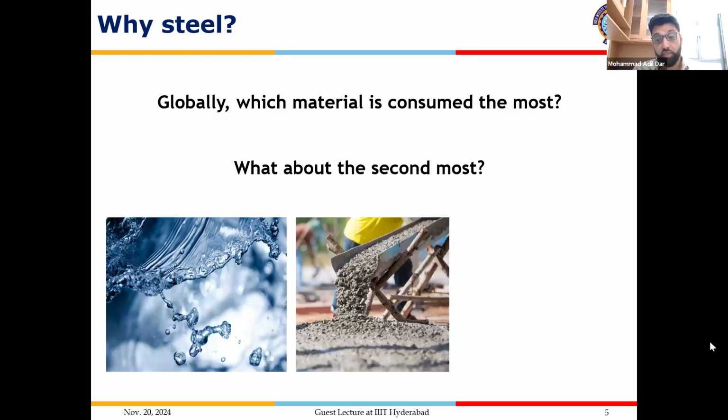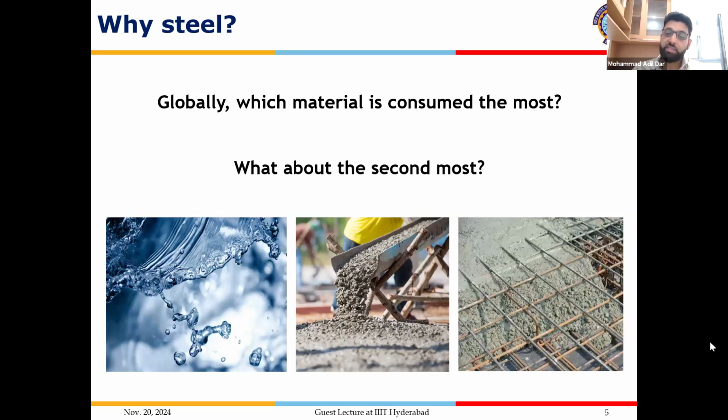Well, it's concrete. Now, I slightly differ with this particular narrative, because when we say concrete, we mean plain cement concrete, which is not true. If concrete is the second most largely consumed material in the world, it's RCC rather than just plain cement concrete, because even in rigid pavements, we use steel rebars to take care of shrinkage and temperature stresses.